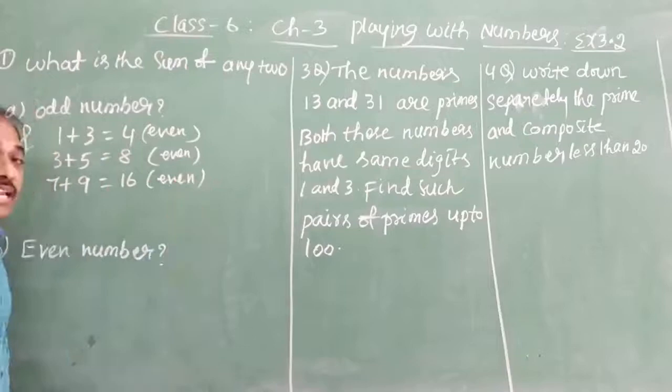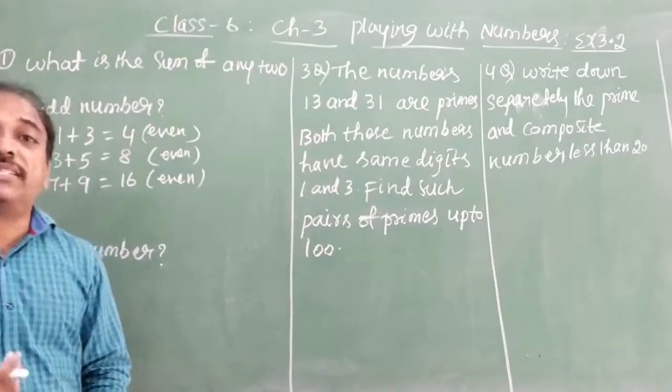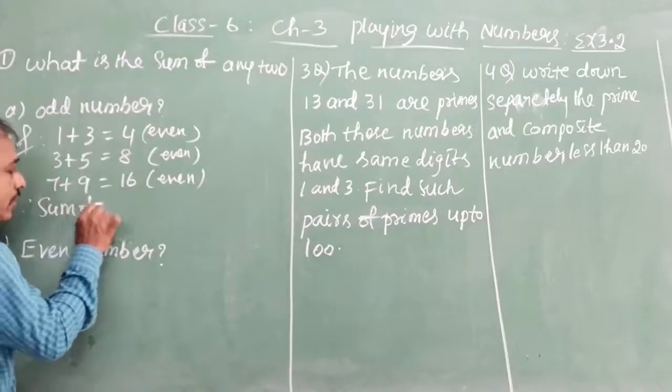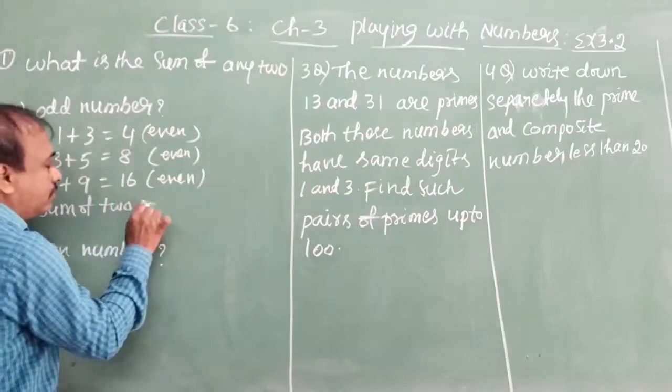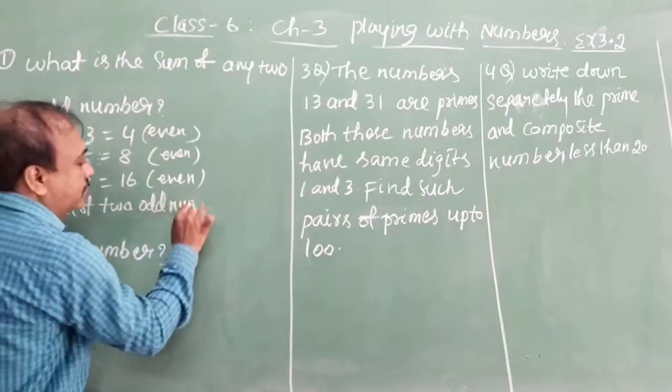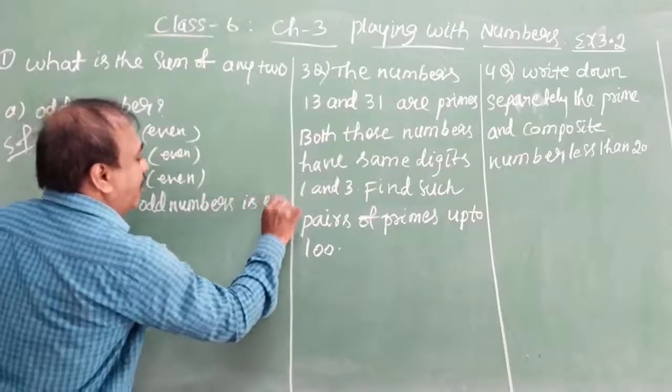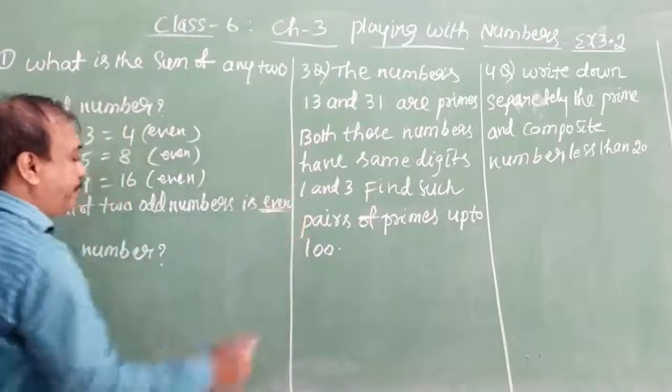So what can you say? The sum of two odd numbers is always even.